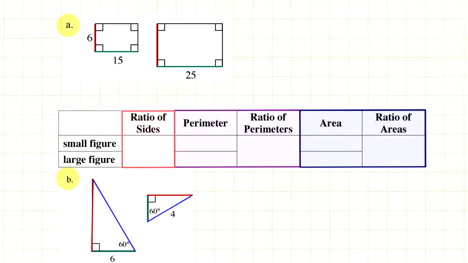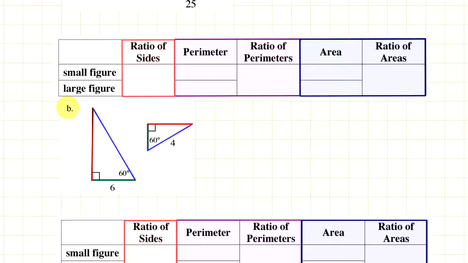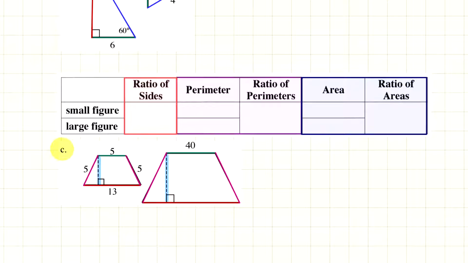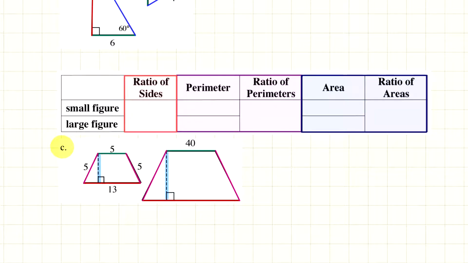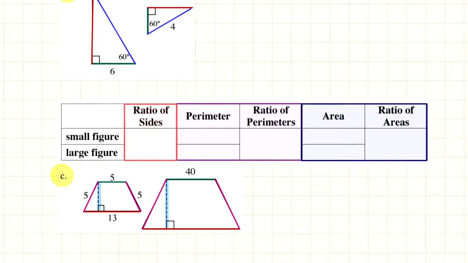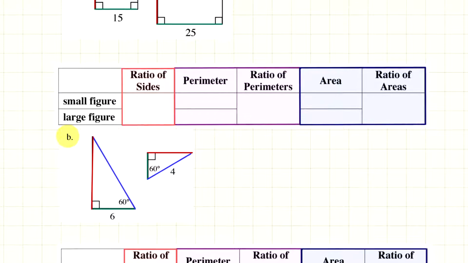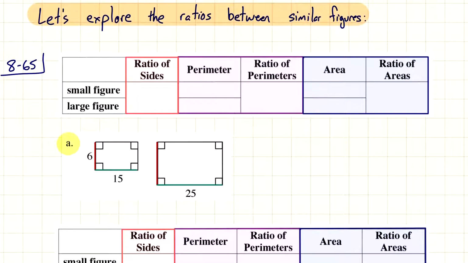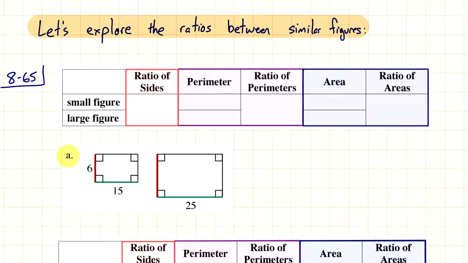Then we're going to do the exact same thing with a pair of right triangles, and then again with two isosceles trapezoids. So that's where we're going to start, just to give you an idea of what is coming up in this first page of notes.